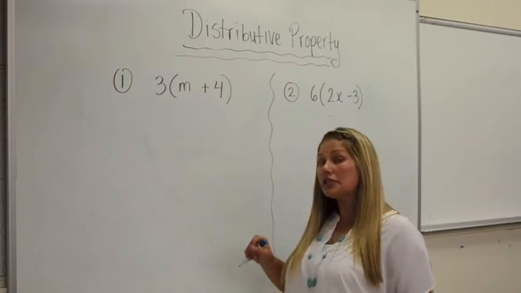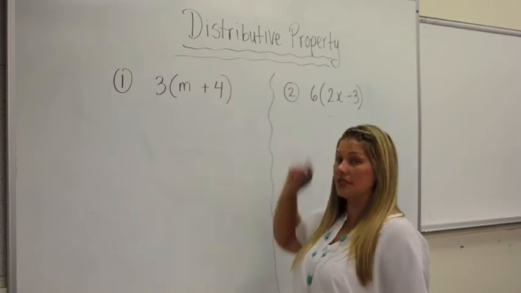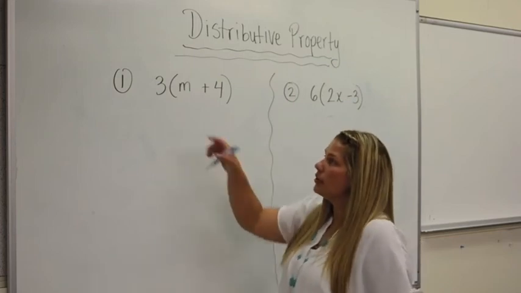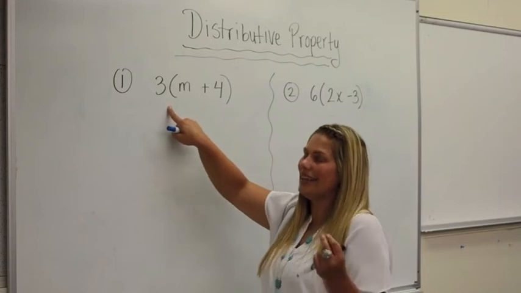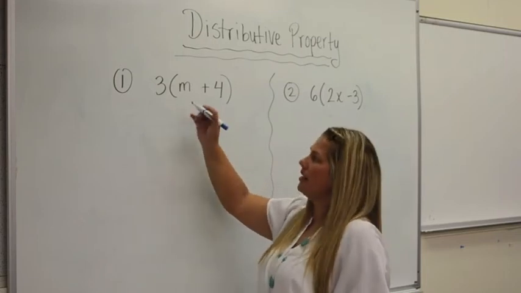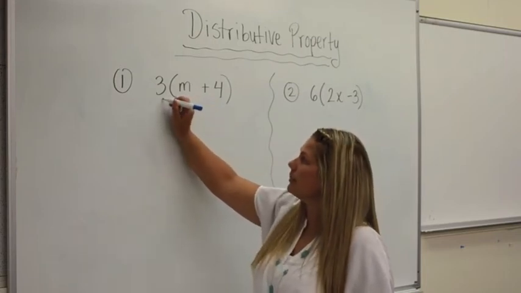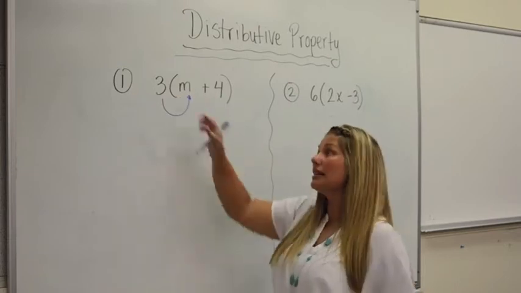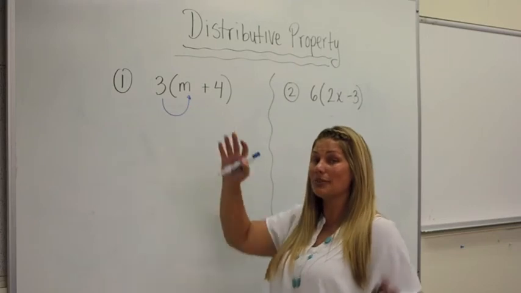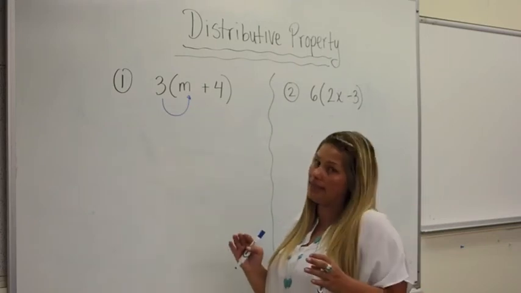So when we can't use GEMDAS, that's when we have to use the distributive property. So remember, since 3 is touching the parentheses, touching means, yes again, multiply. So the 3 has to multiply everything inside the parentheses. Because 3 is not just multiplying m, it's multiplying the whole parentheses.